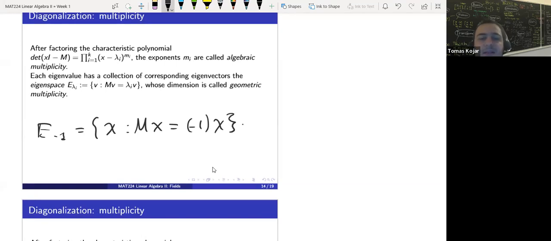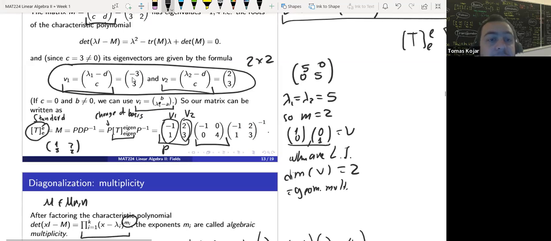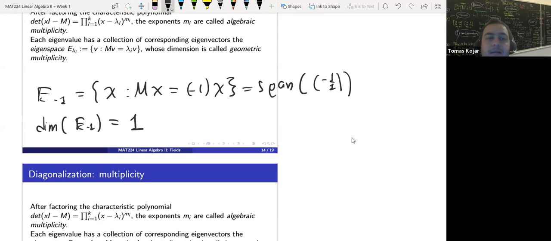We already found that this is the span of the vector (minus 1, 1), and the dimension of that is just a line, right? So this is the geometric multiplicity.